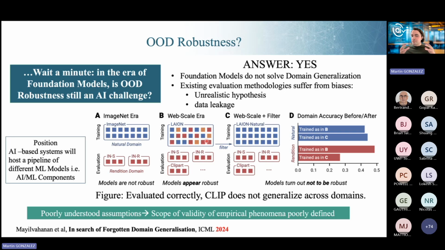CLIP turns out to be not robust in the sense of domain generalization.